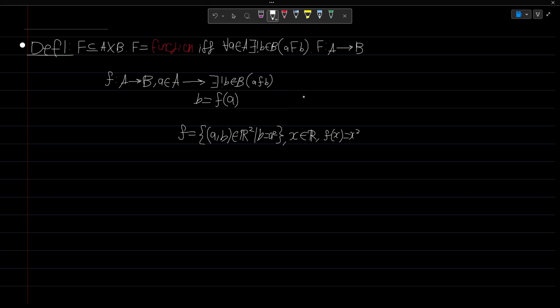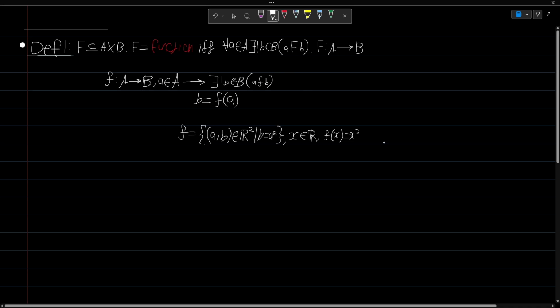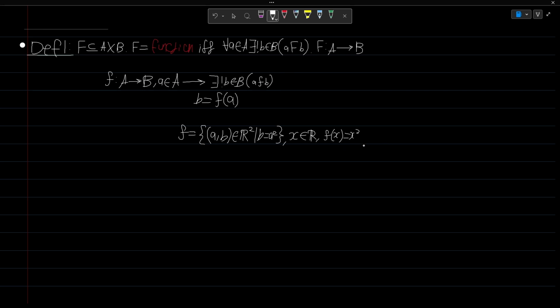It doesn't have to have a specified rule or one that's noticeable. Many, actually likely all, real valued functions that you will come across will be ones that are defined through rules like this. But again, that's not exactly what it takes to be a function. It's broader than that.